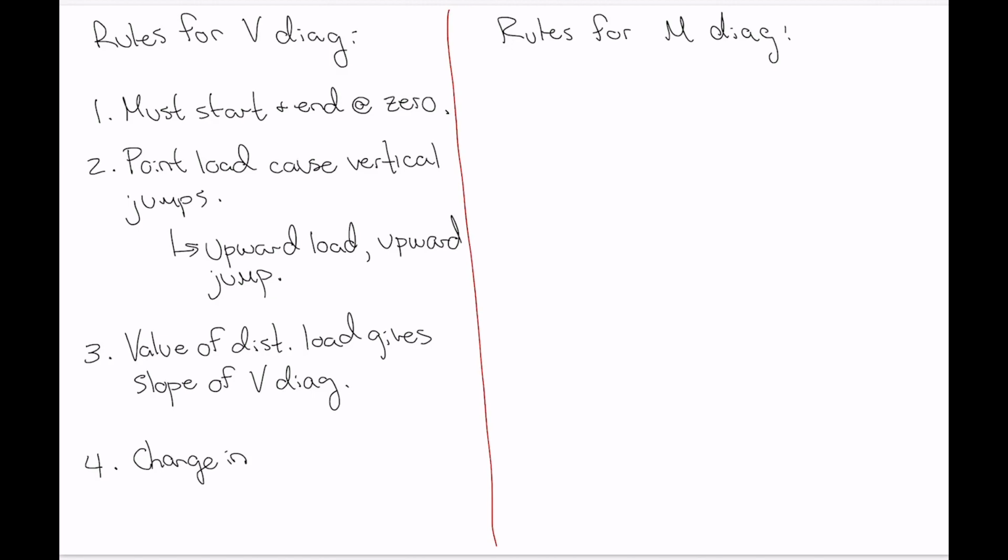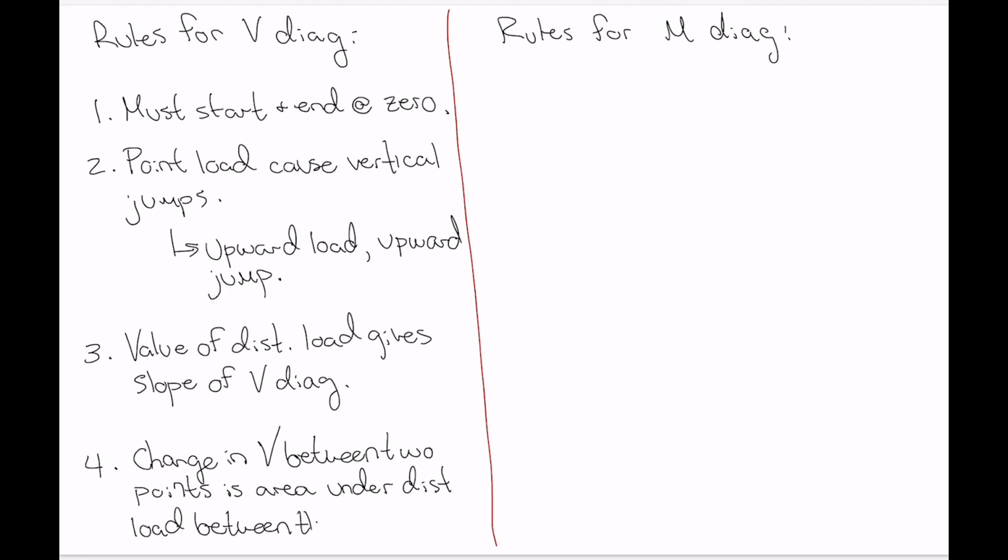Change in shear between 2 points is area under the distributed load between those points. Okay, so those are the four rules for drawing the shear diagram.